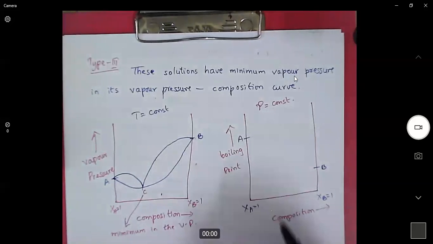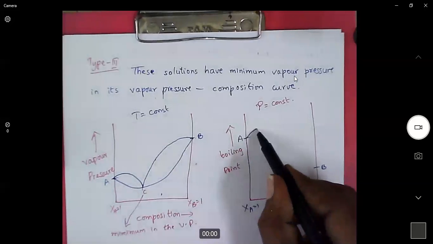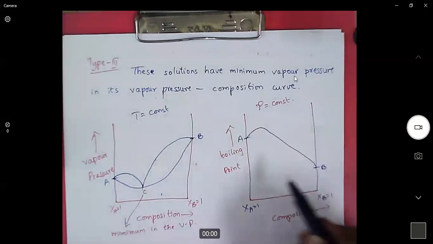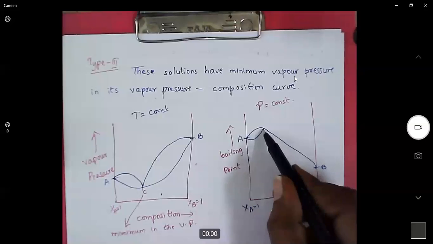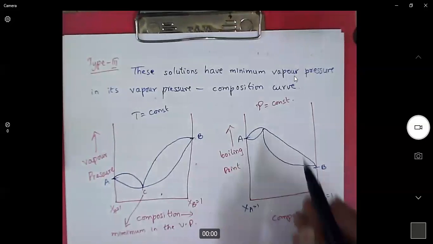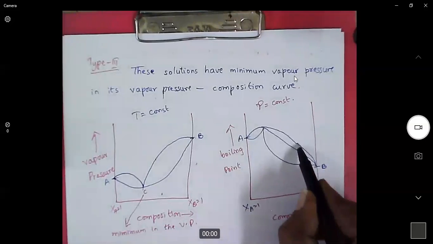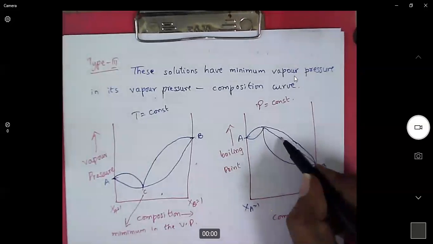Now, when we heat this, it is exactly opposite to this. So the mixture, that means a solution of A and B, will boil... yeah, the curve must be somewhat like this. Please take the correction.